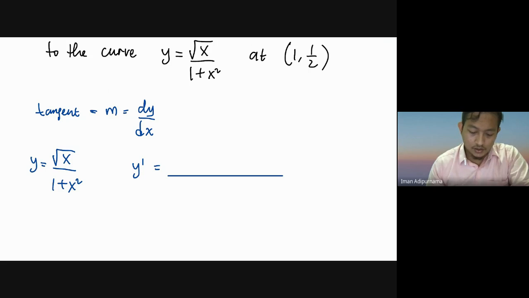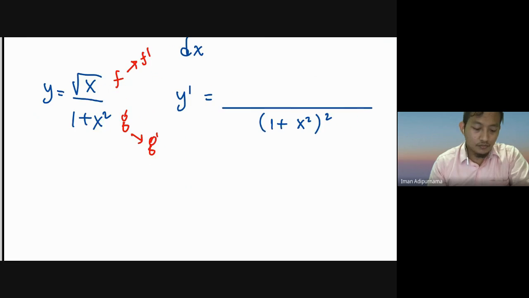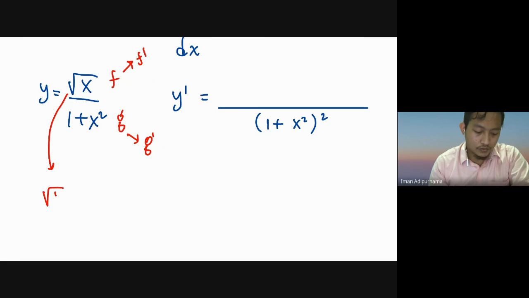Let's start from the bottom. We have 1 plus x squared, and then squared. Let's say this is f, this is g, so we need to find f prime and g prime, and let's start with f prime. If you see any square root of x, its derivative will be this, right?